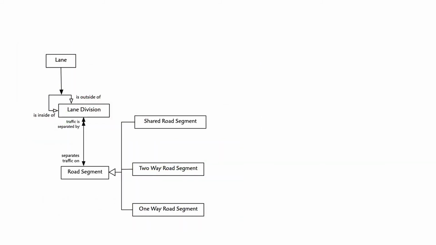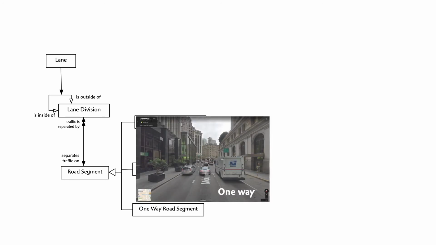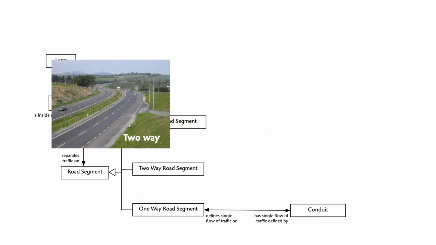And we'll start by modeling a one-way road segment. Here we see a set of adjacent lanes flowing traffic in the same direction. We'll call this set of lanes a conduit, as the term describes a unidirectional flow. On a two-way road segment, we observe that there are 2 conduits moving in opposing directions. Now we could model this as a one-to-many relationship: two-way road segment flows traffic in n conduits, but that would be incorrect.